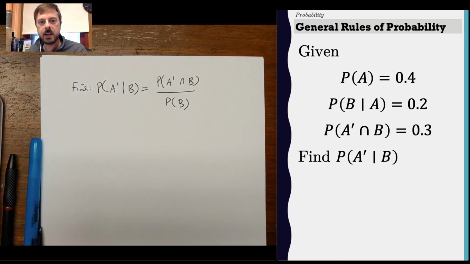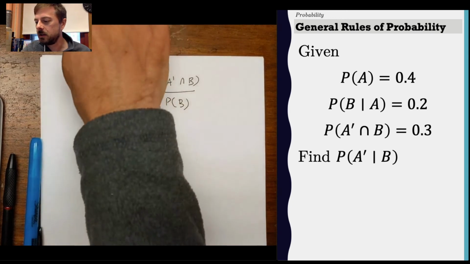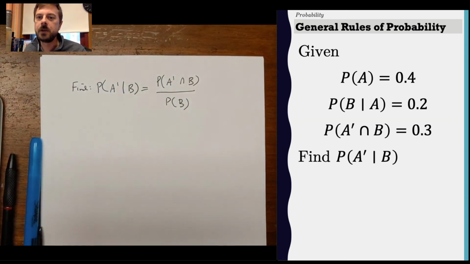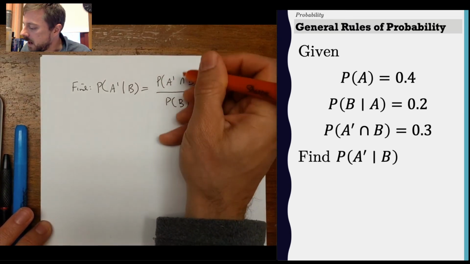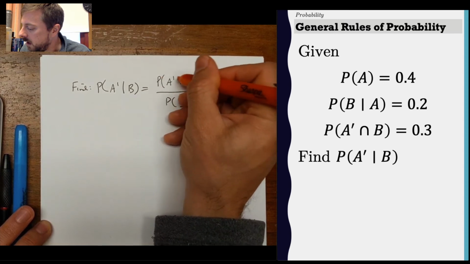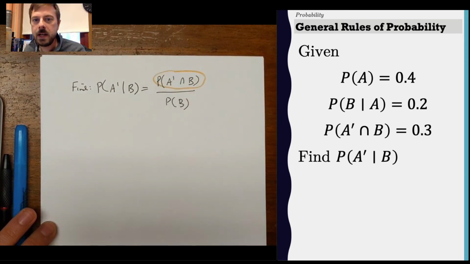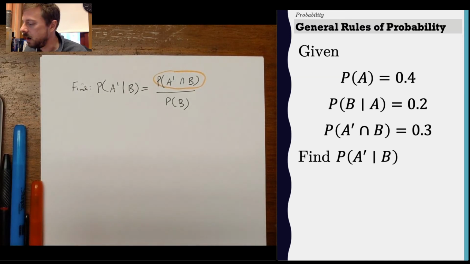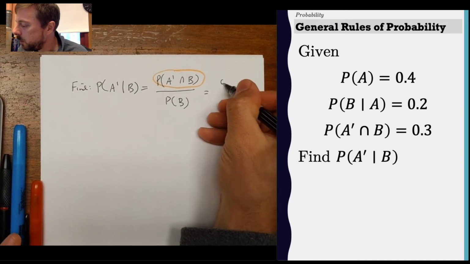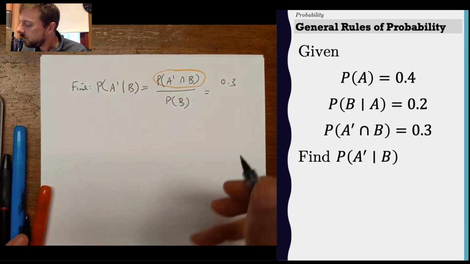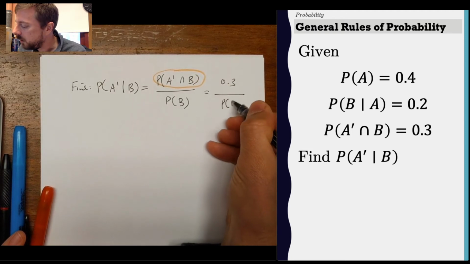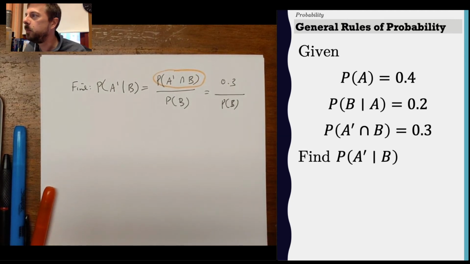Now, as soon as you see that, hopefully your little statistics spidey sense goes off and you realize this problem isn't nearly as complicated as it looked before, because this top value, the probability of not A intersect B, well, that's just one of my givens. I've already been given that fact. I already know that that is 0.3. It's written right there on the screen, right? And the only thing that I don't know is ultimately the probability of B, right?